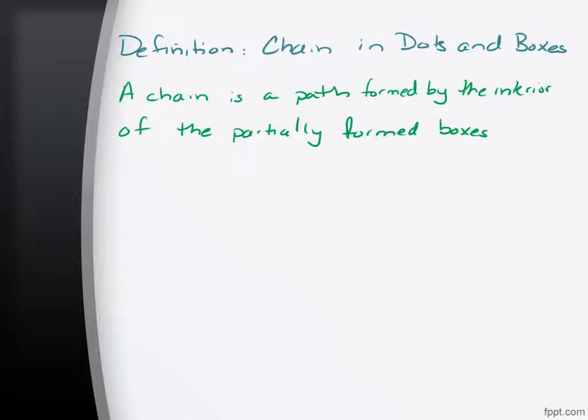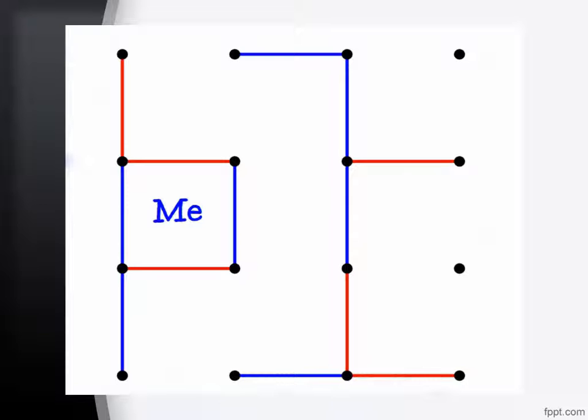What a chain is, is a path formed by the interior of the partially formed boxes. I started calling these mazes instead of chains because that made more sense to me. I gave you a partially filled-out board. What they mean by a chain is this maze right here.